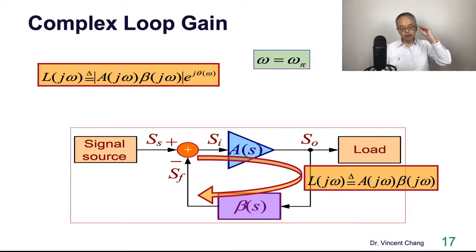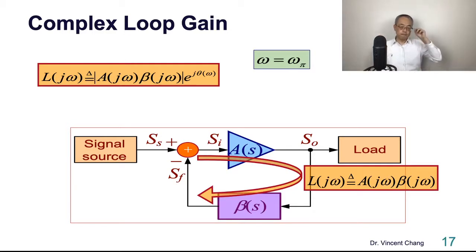Now we have to understand the frequency response of the loop gain. If we change frequency, the magnitude will change, right? This is the magnitude response. Also, if we increase the frequency, the phase will change.